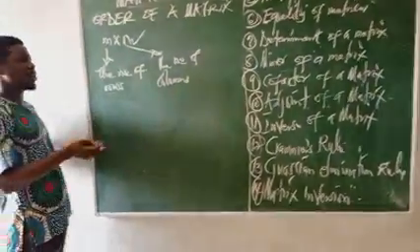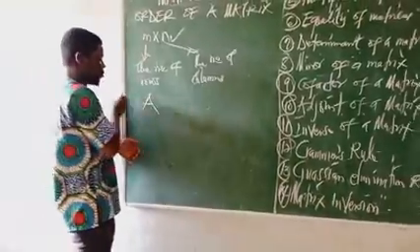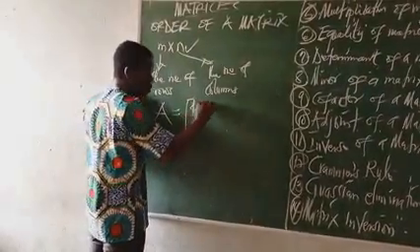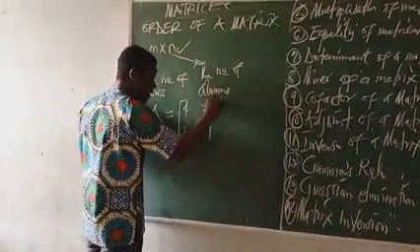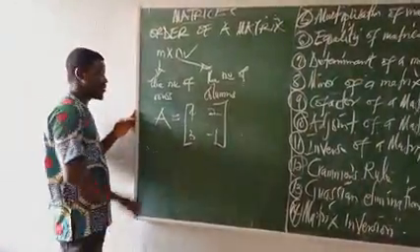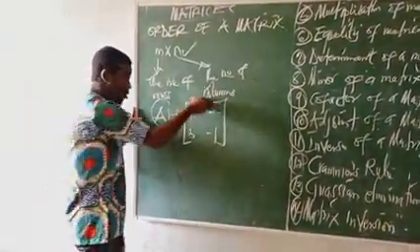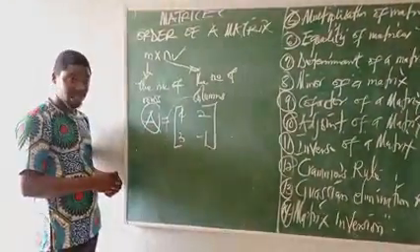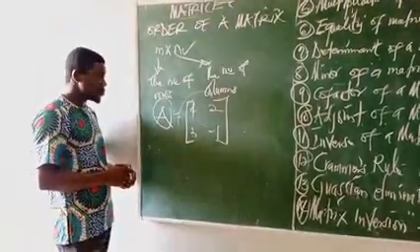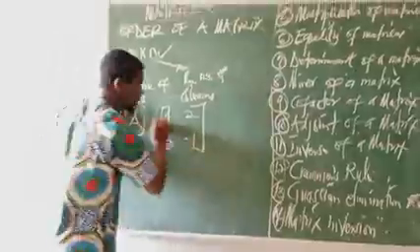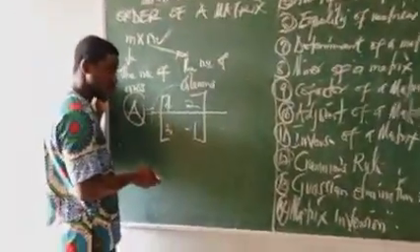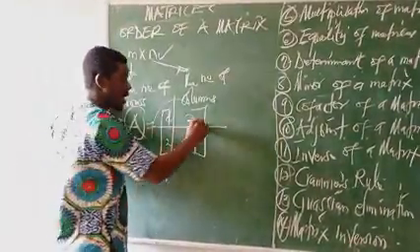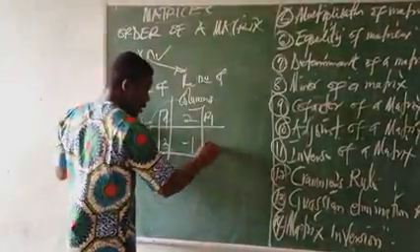Of course, when you talk about rows and columns, for example, when you have A equals something like this, let's say you have 4, 2, 3, minus 1. Now, this is the matrix, and all these numbers represent the elements or members of this particular matrix A. So when you talk about rows and columns, this way is what we refer to as a row, while down this way is referred to as a column, which means in this matrix we have row 1 and row 2.